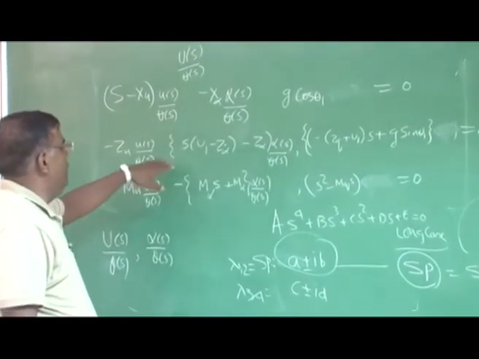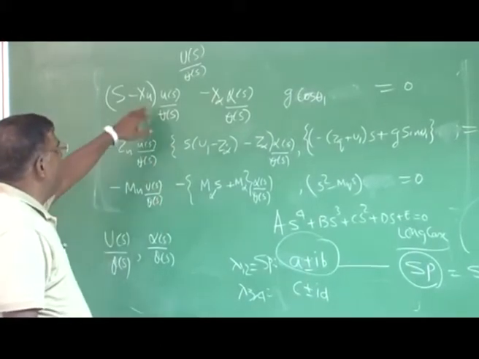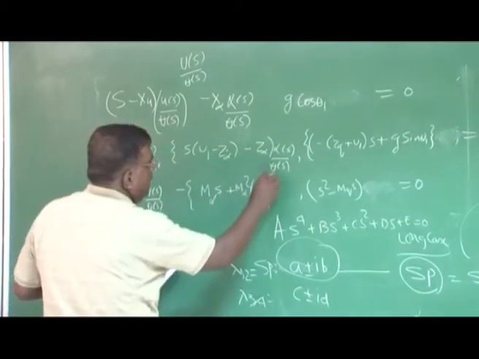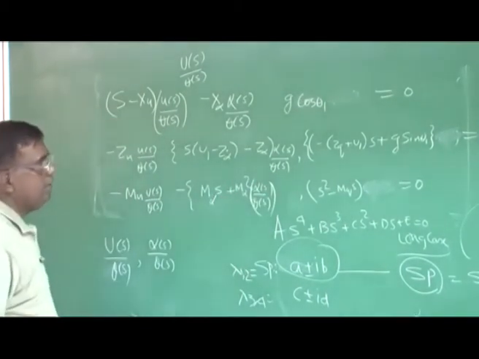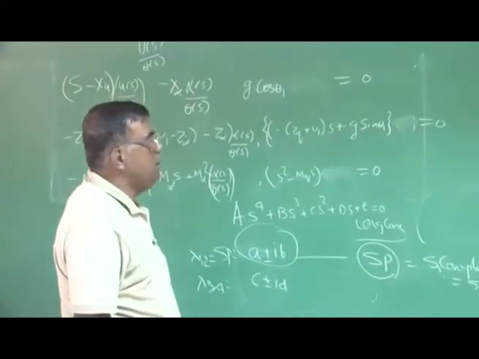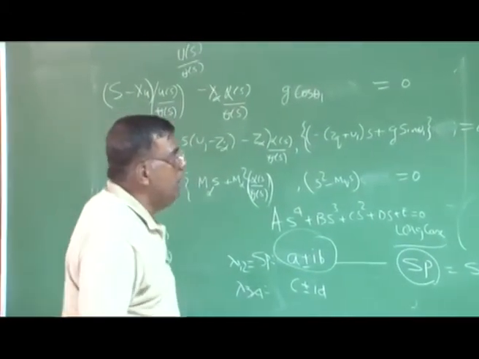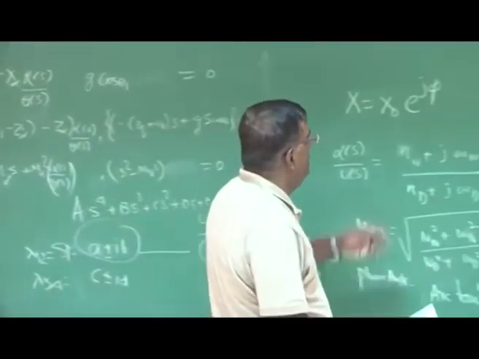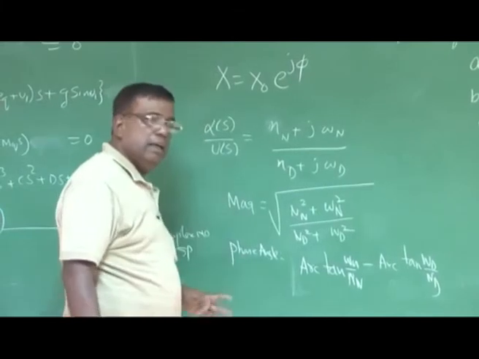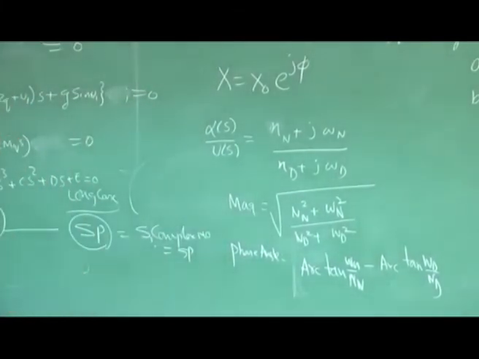From here I can find out the expression for u of s by theta of s and alpha of s by theta of s, which will come as a ratio of two complex numbers. And we know if this is a ratio of two complex numbers, how do I find magnitude and phase angle? Right? It is as simple as that.